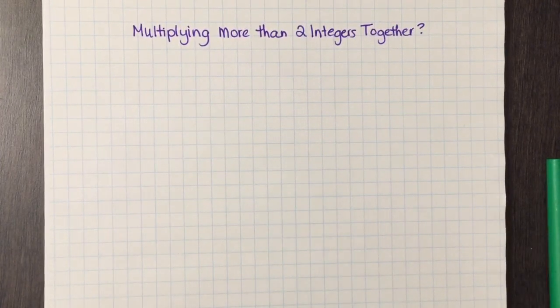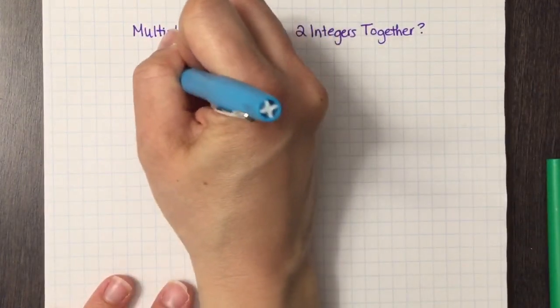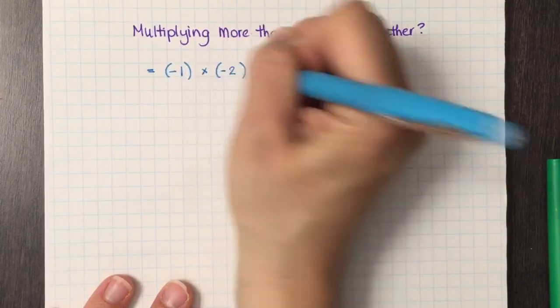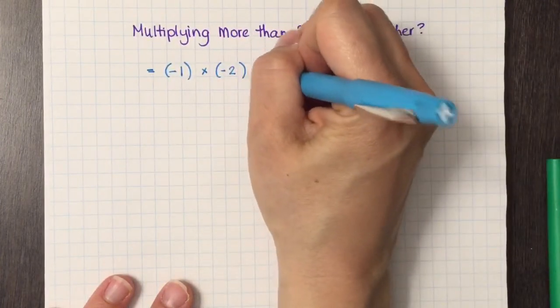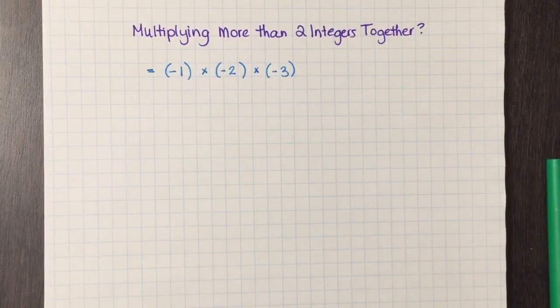Okay, so we can totally do this. When we're multiplying integers, we want to take a look at the number of negative factors and the number of positive factors, okay? And we normally multiply from left to right. So for example, if I have -1 times -2 times -3. Just a very simple, easy example.